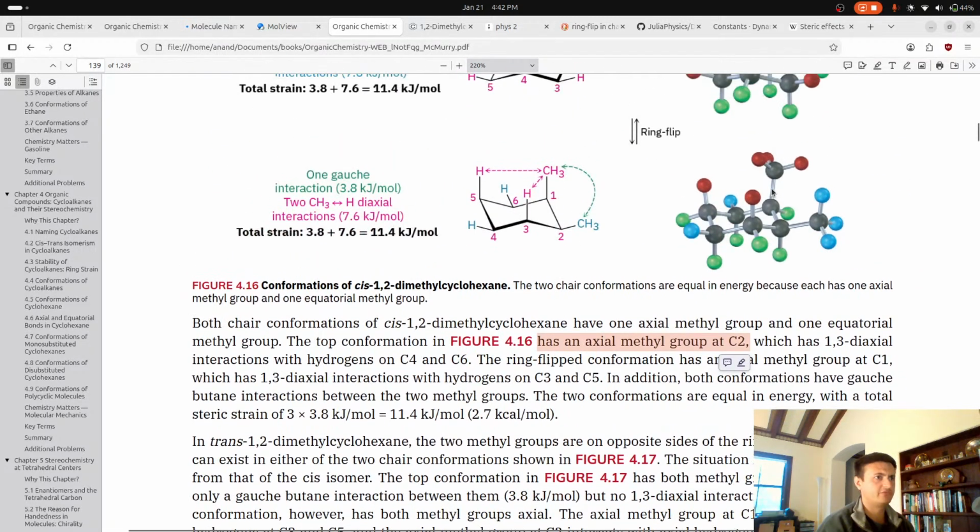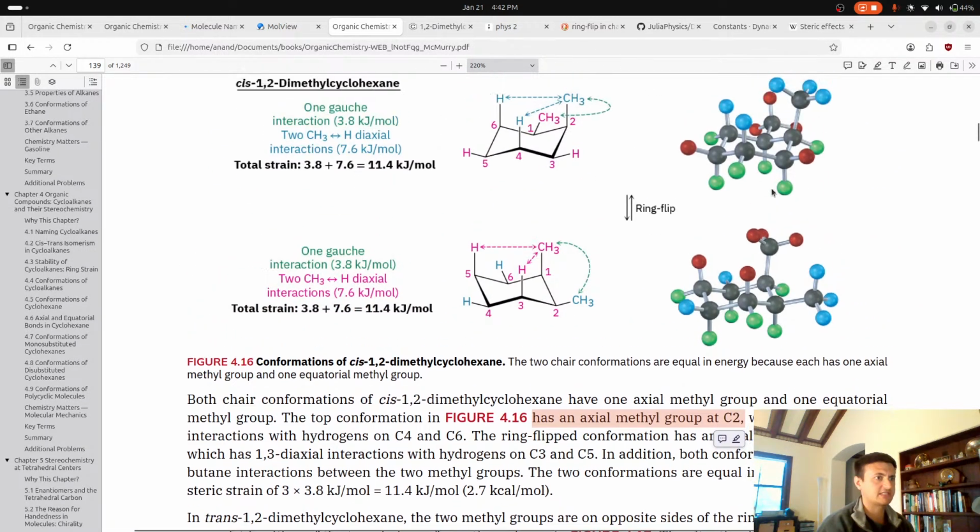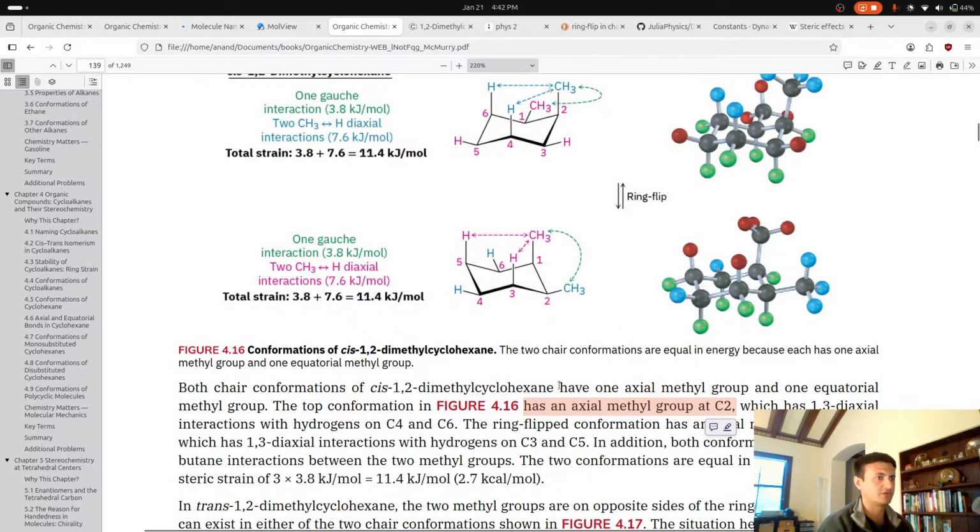The top conformation has an axial at C2 and an equatorial at C3, which has 1... Wait, C2, which has 1... Oh, this is the name of that. That's so confusing. But yeah, 1,3 diaxial interactions with C4 and C6.